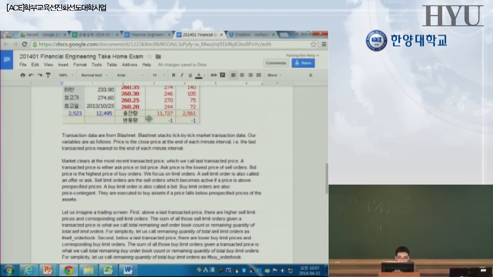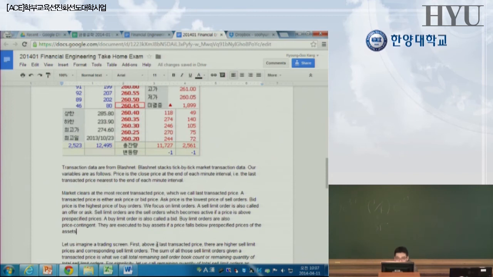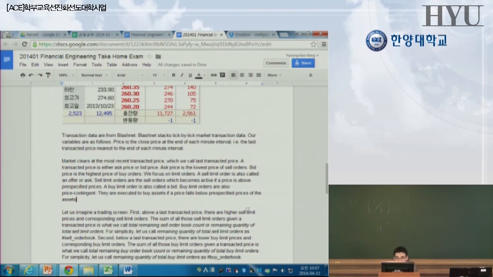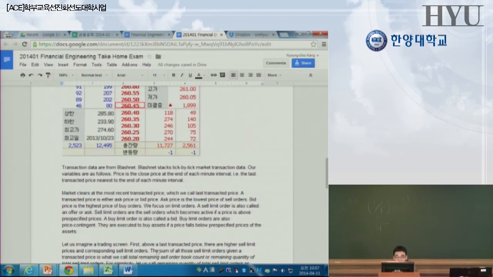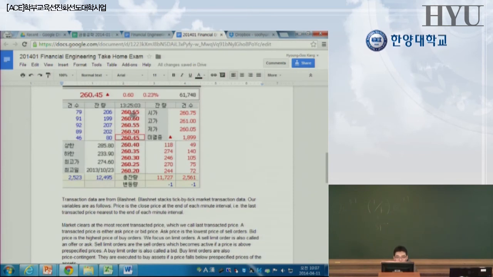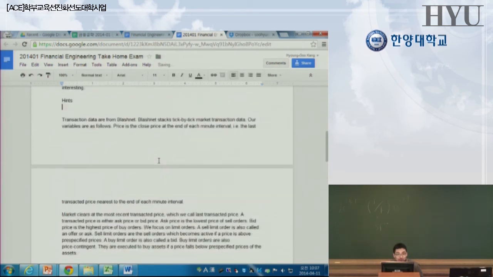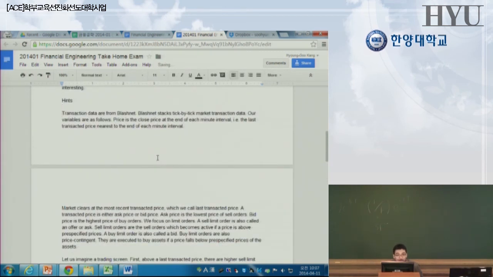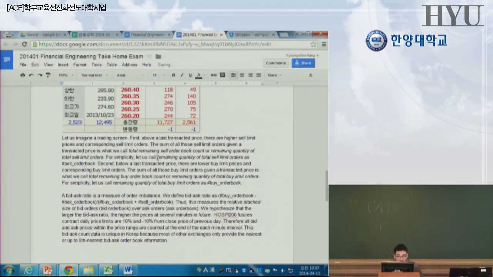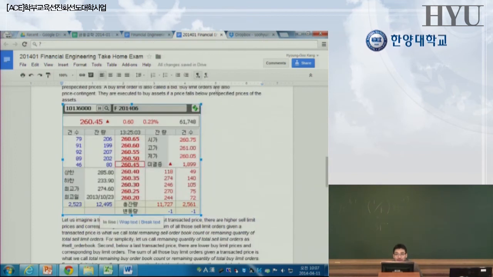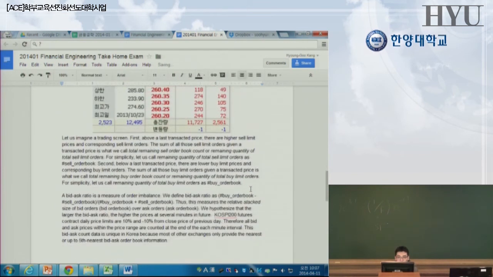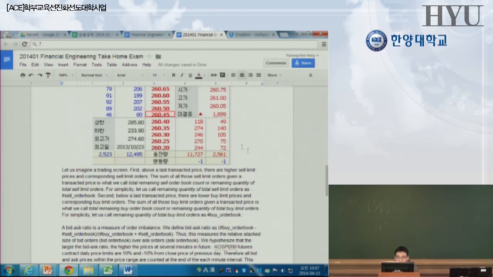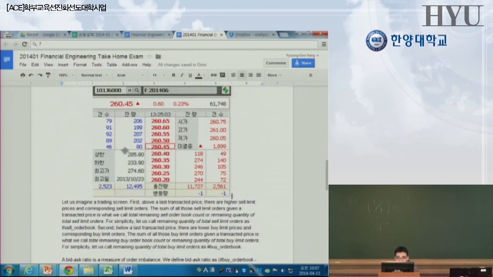Okay. And then this is a kind of trading skill domain. In this trading screen, above the transacted price, there are higher sell limit prices and corresponding sell limit orders, right?